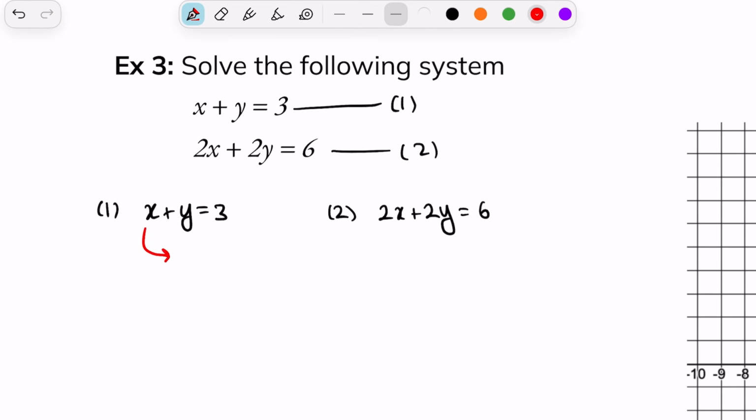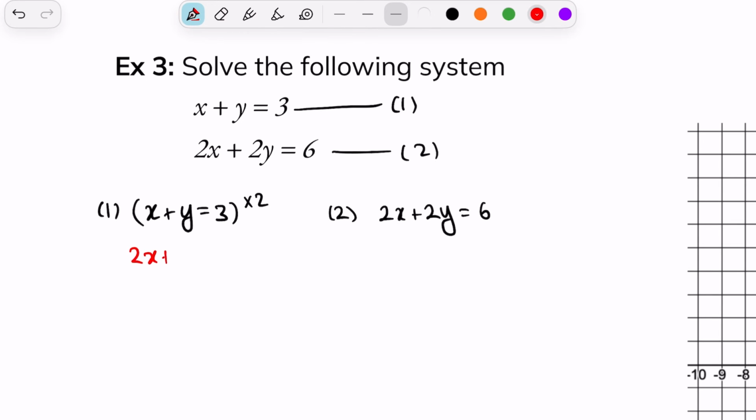Because if you take line 1 and let's say we multiply this by 2 on both sides, won't we get 2x plus 2y equals 6? And is that not the same thing as this line right here? It is, right? I can also take line 2, and let's say I divide everything by 2.